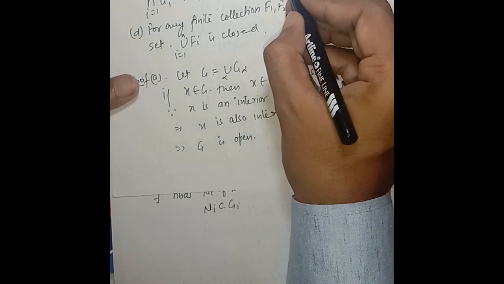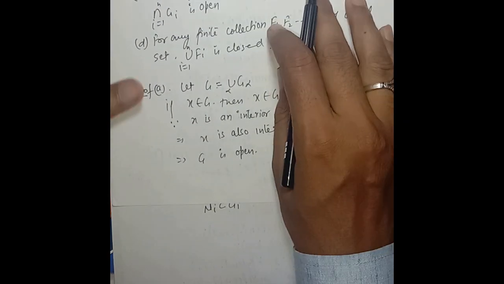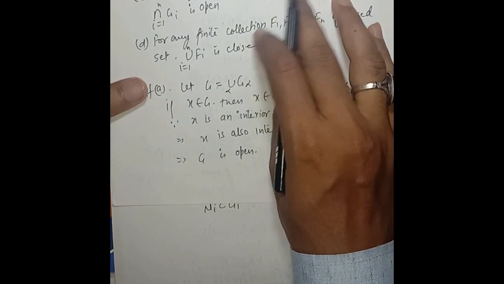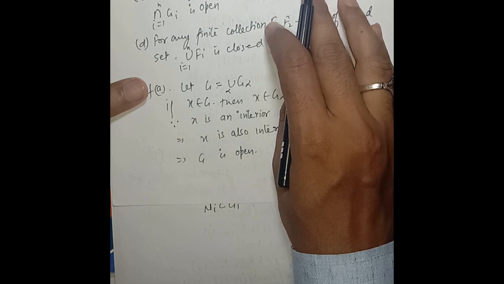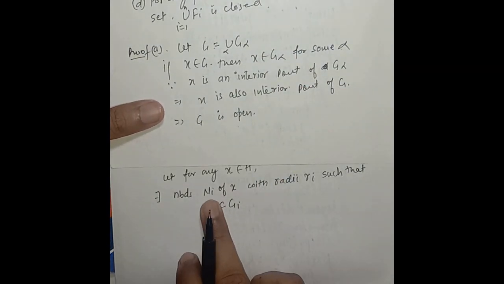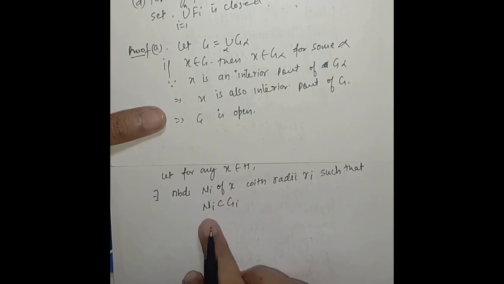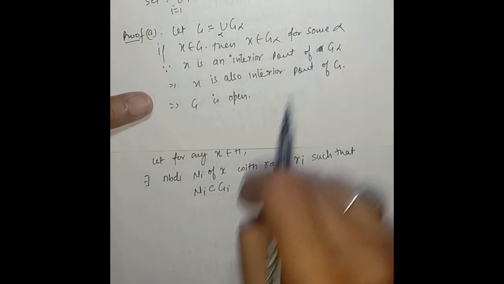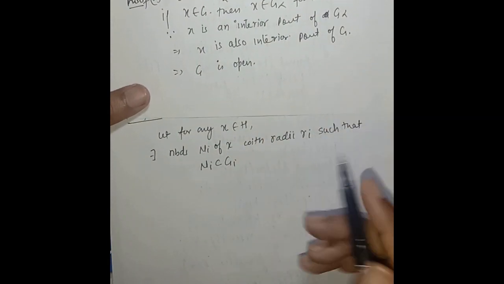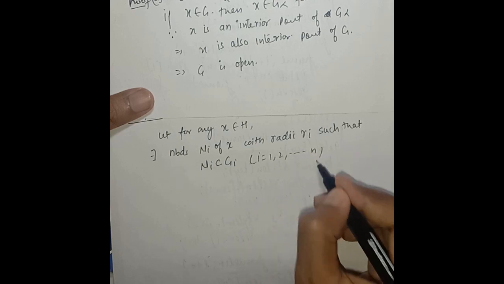Since all the Gi are open, every point of each Gi must be an interior point. That means there must exist a neighborhood of x contained in the open set Gi, for i equal to 1 up to n.